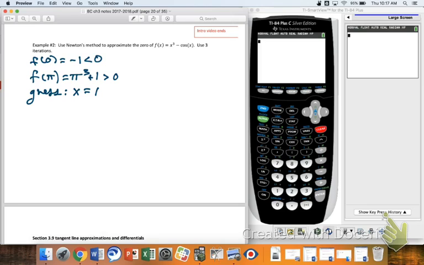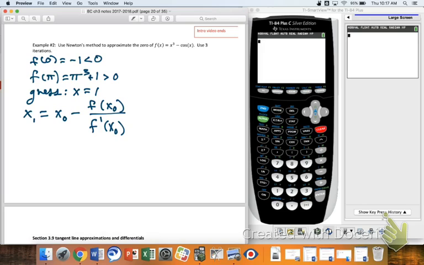And as you guys know, Newton's method is iterative. Here's the formula. Our x intercept, our estimate of it at least, our first one is going to be x0 minus f of x0 over f prime of x0. So that's our little formula for Newton's method.